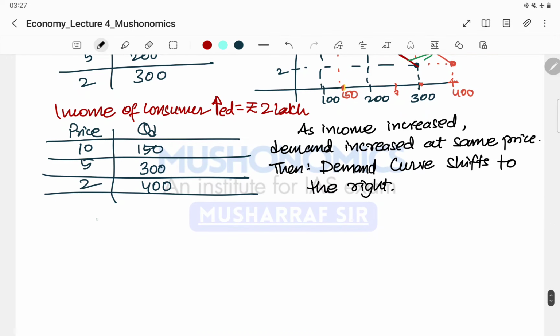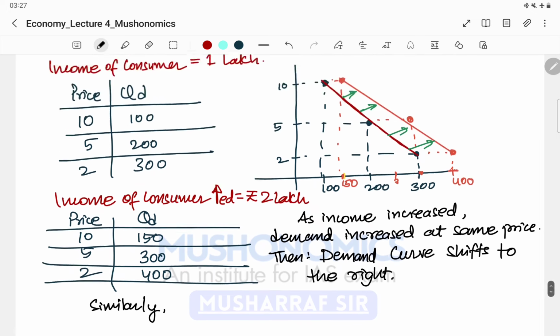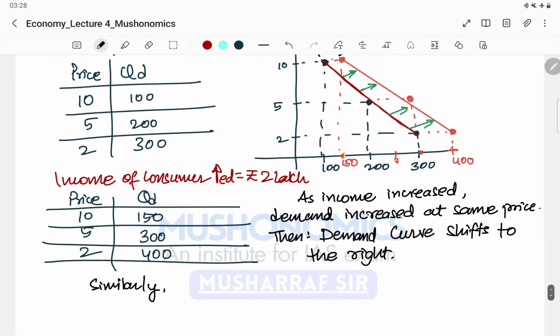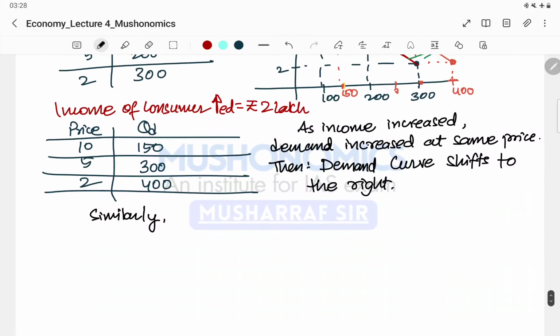Similarly, if income had decreased, for example, in this diagram, this is for income 2 lakh and this is for income 1 lakh. So if income is decreasing, then the demand curve will shift towards the left. I hope this point is clear.